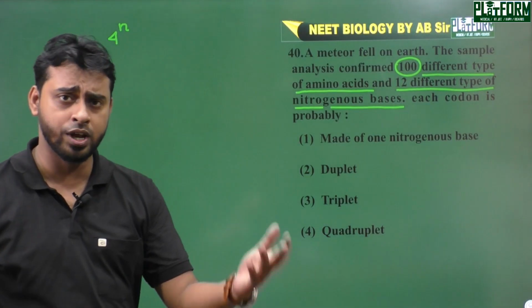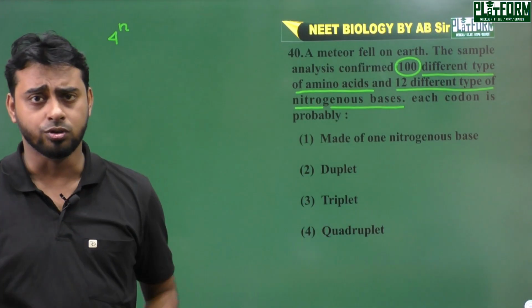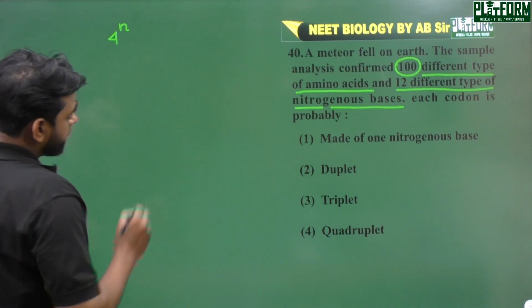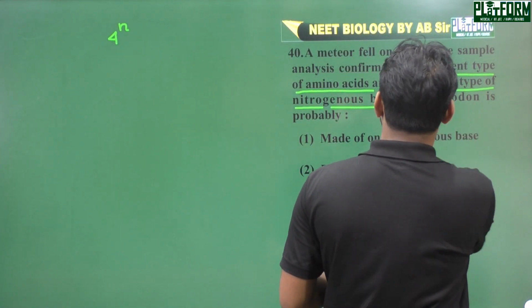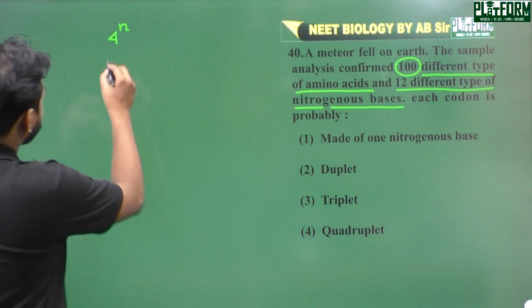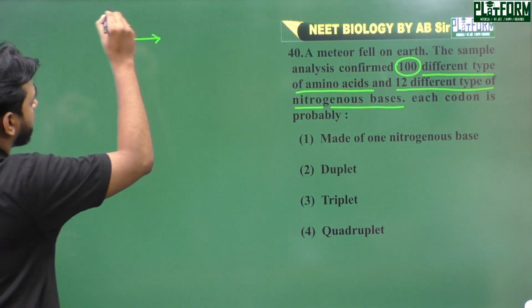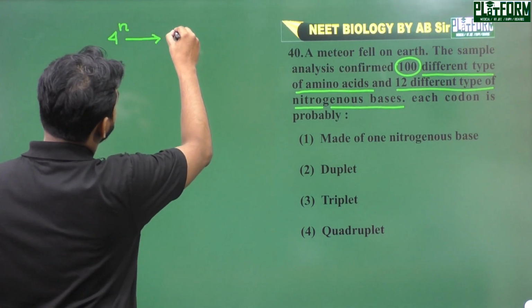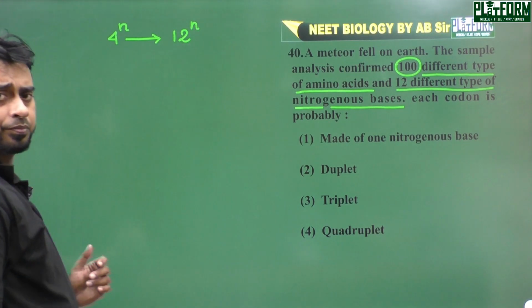Okay, whether it is a monolith or doublet or it is a triplet, so on and so forth. So, in this particular question, it is given that there are 12 different types of nitrogen bases. Okay, so definitely the formula will be 12 to the power n. Fine.